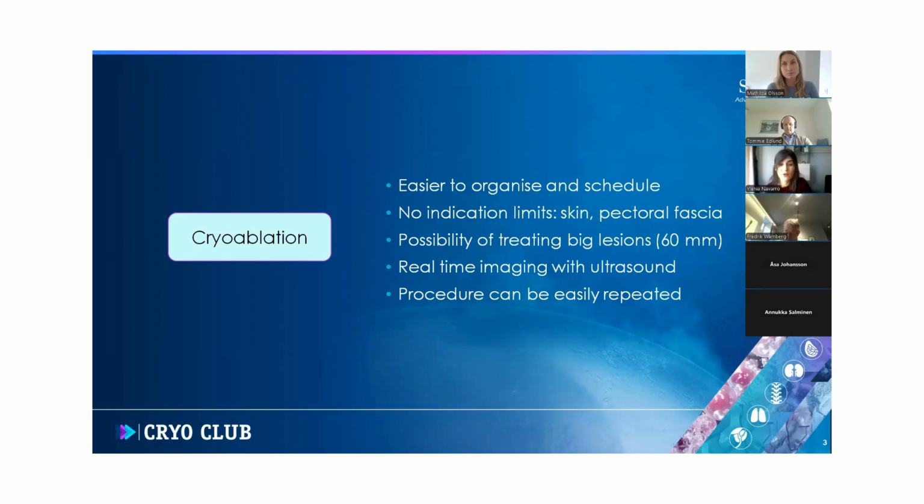Also, we have no indication limits regarding being close to the skin or the pectoral fascia. We can treat big lesions. We can control the process easily with real-time imaging with ultrasound. And also, if it's necessary, if we see an entry area or a relapse, we can do the procedure all over again easily.